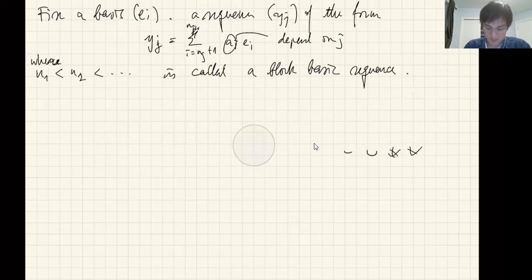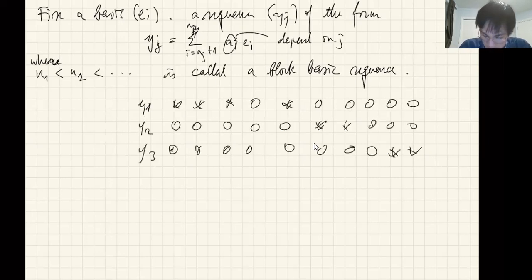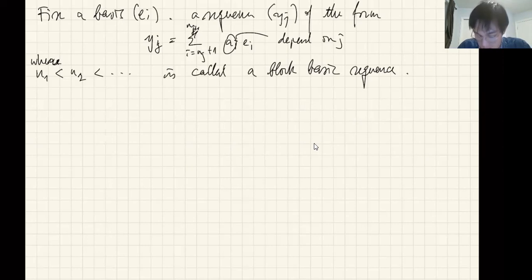And so you see why they're called blocks, right? Because you can have a block of non-zero coordinates, and then you have to be 0 forever. Okay, so that's a block basic sequence, and obviously it depends on the spaces EI.